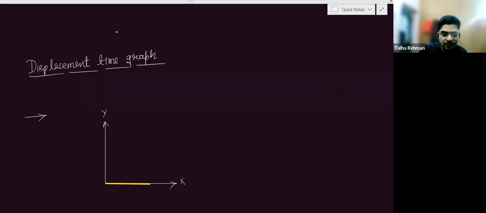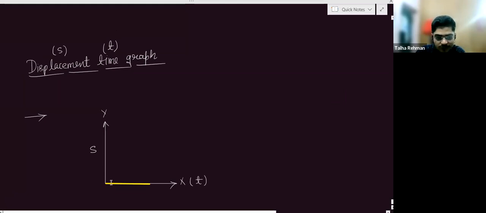So on the y-axis, I will take the displacement, and on the x-axis, we will take the time. Finally, the graph is this.